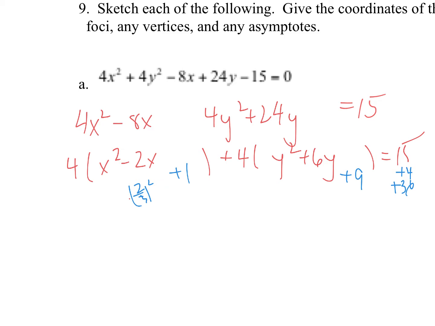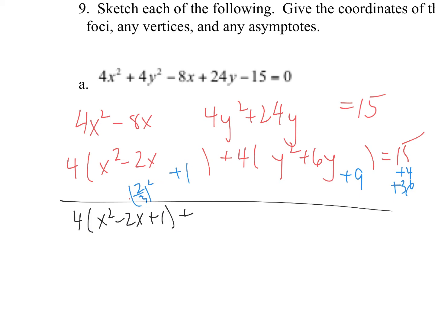So once I do that, I have the equation 4 times the quantity x squared minus 2x plus 1 plus 4 times the quantity y squared plus 6y plus 9 equals 60. Now, with that, I can factor both of these components.